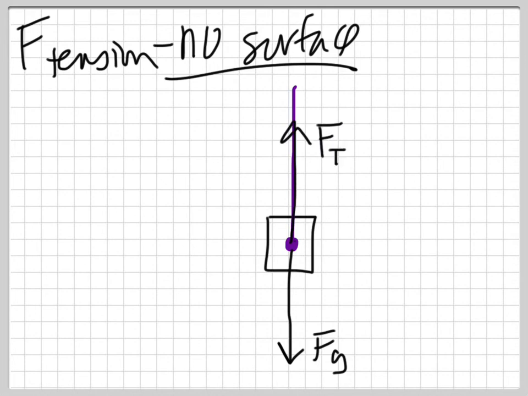It's the tension on the line. And just like with direct contact forces, it doesn't have to be directly on an axis. You can have a force of tension that is split over 2 axes and you have to resolve it.